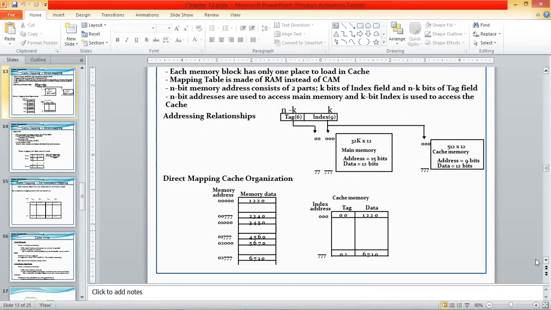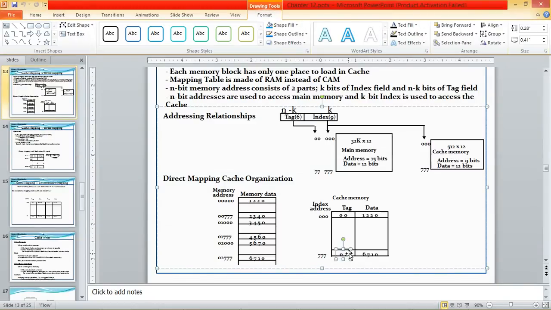Okay, so if we are at this place and your system asks for some other data which has a separate tag, then this value will be replaced: instead of 02, it will be replaced by 01. The tag is 01, and according to that tag, the data will be changed to 4560.